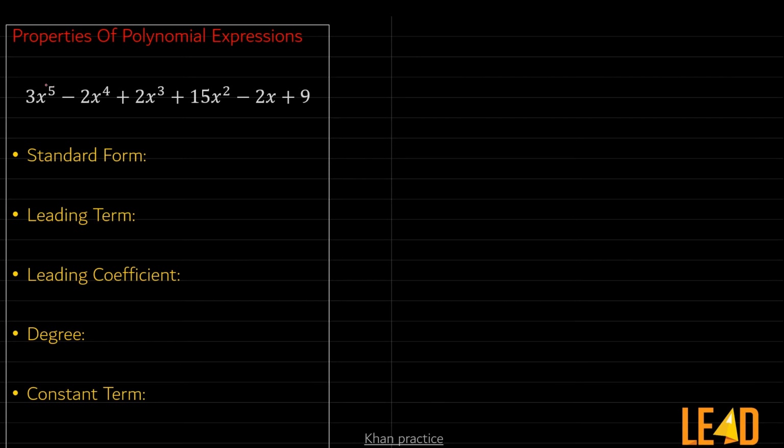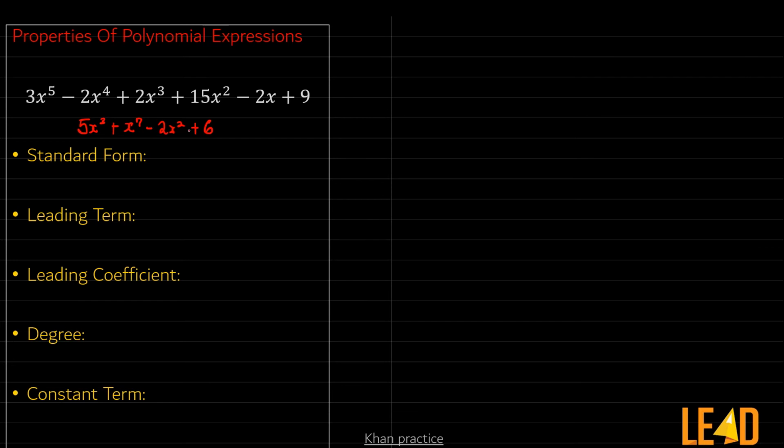You can see in this one, we have 5, 4, 3, 2, 1, right? This is x to the power of 1, and then your constant term. So we want to make sure that it is arranged properly. Let's say we had 5x to the power of 3 plus x to the power of 7 minus 2x squared plus 6, right?